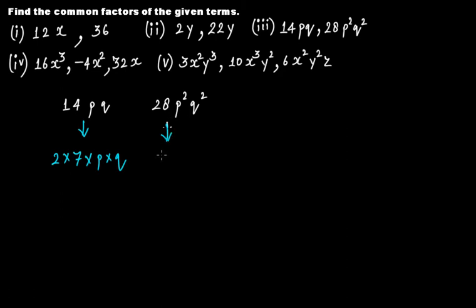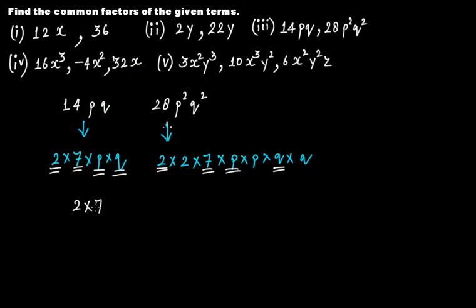And 28 is 2 times 2 is 4, times 7 is 28, then p multiplied by p multiplied by q multiplied by q, right? So 2 multiplied by 7 multiplied by p multiplied by q is common, that is 14pq is common.